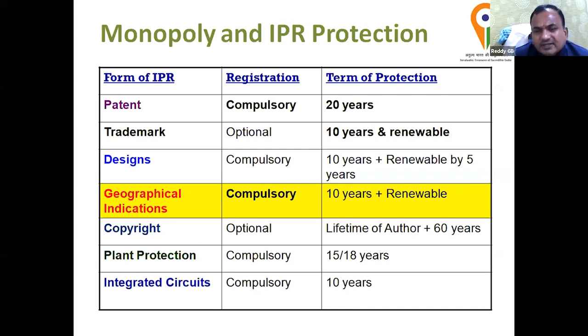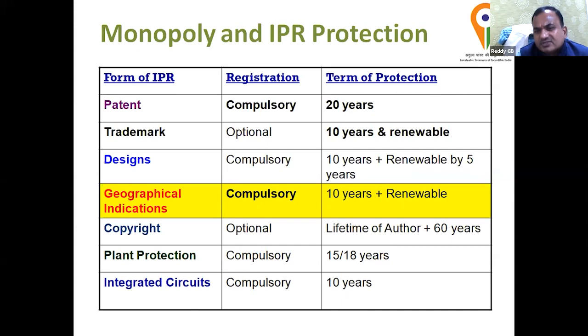We are talking about the advantages of compulsory registration, and once a GI is registered in respect of any manufactured goods or natural goods or agricultural goods, it is protected for 10 years and which can be renewed for many years. For example, when we talk about Roquefort cheese from France, champagne from France, Tuscany olive oil from Italy, or Swiss chocolates, the protection in case of geographical indications is still continuing.